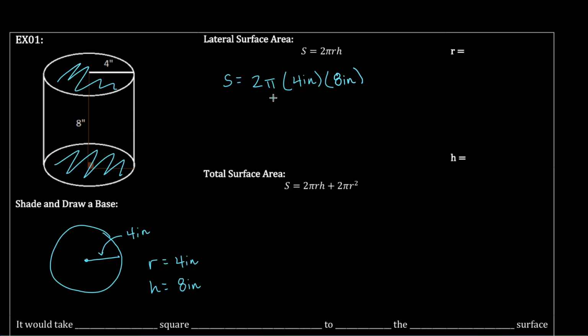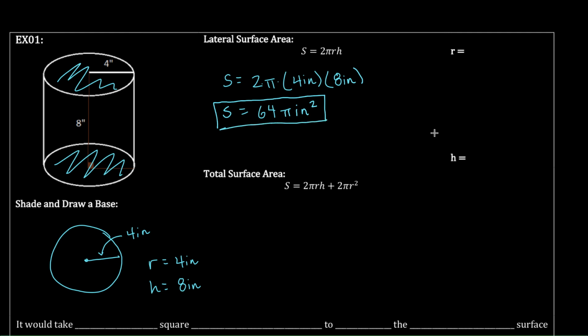And 8 times 8 is 64. And then we have this pi, because really this is 2 times pi times this, right? So we have pi. And then we have inches times inches, which is inches to the second power, inches squared, right? So that's the lateral surface area.